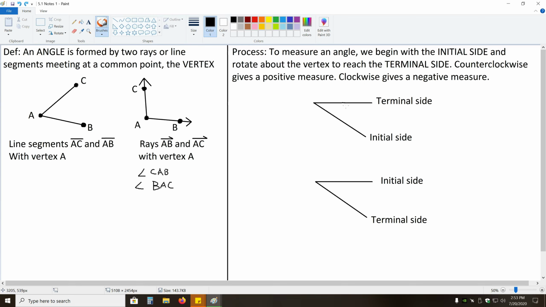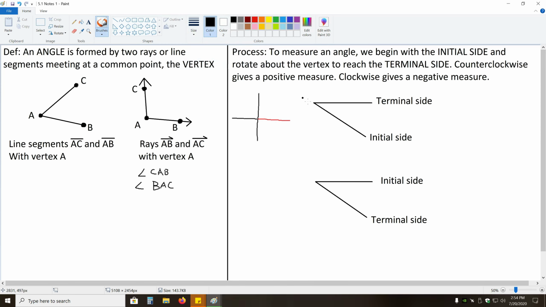Typically, when we talk about angles, we're going to be using the coordinate plane as a reference, and the positive x-axis is your initial side.